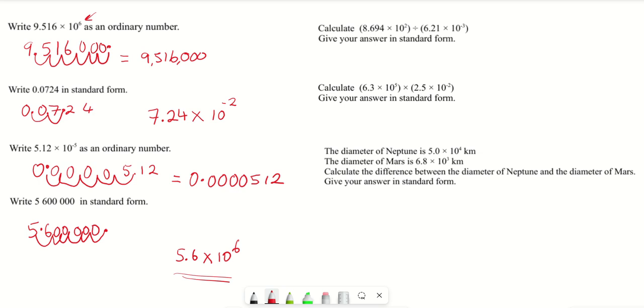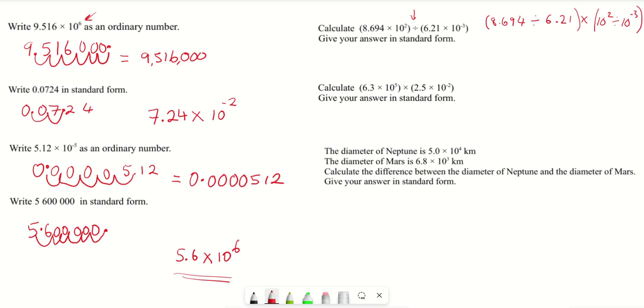Over here then, we are going to be dividing. So we have this number here. So what happens is we can divide the numbers in front together. So in brackets 8.694 divided, and we know we're dividing because of here, by 6.21. And then that's going to be times by 10. We need to also divide powers of 10. So divide by 10 to the power negative 3.